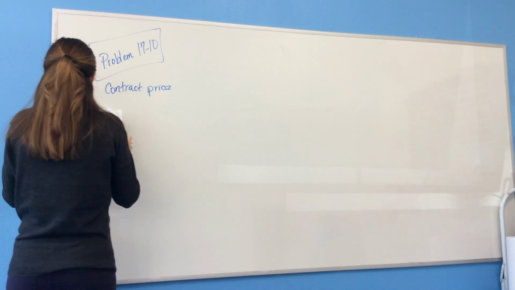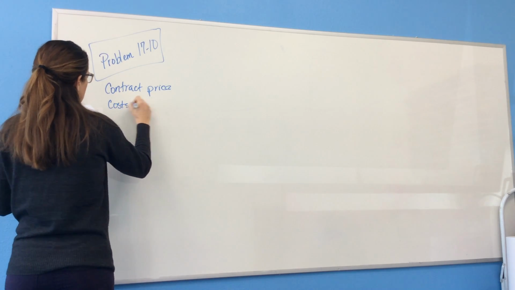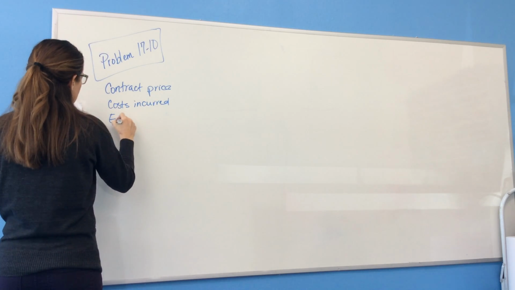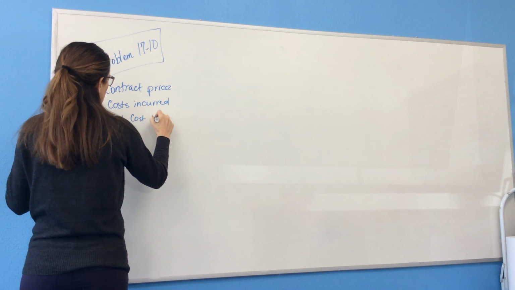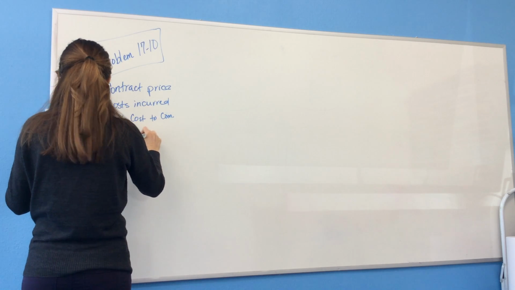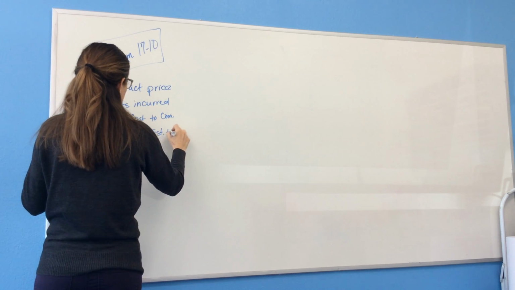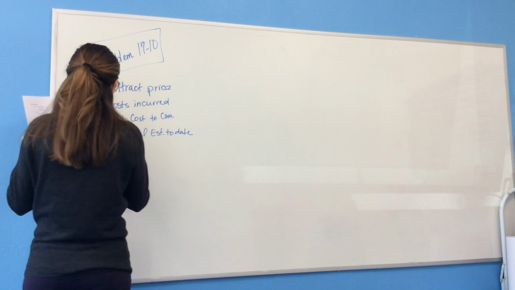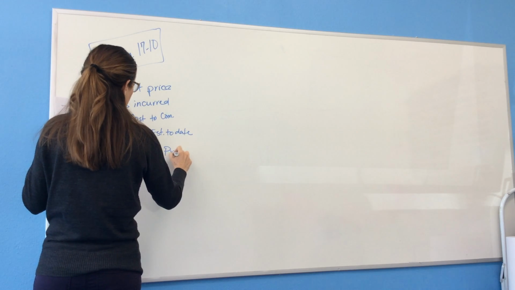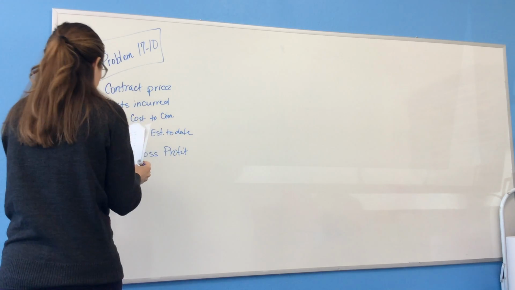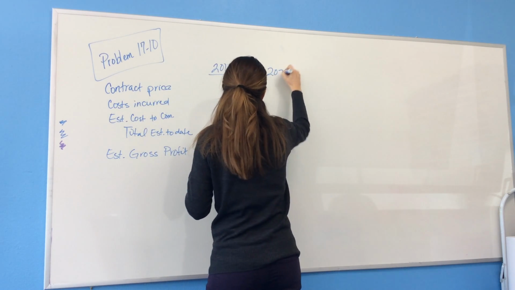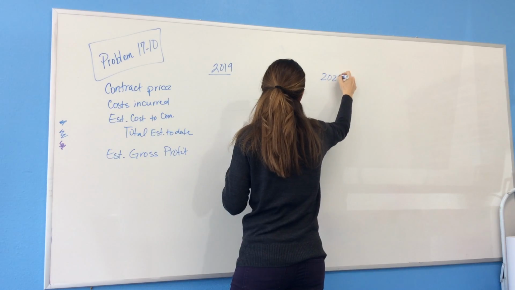Then we're going to have costs incurred, the cost incurred to date, the estimated cost to complete, and the total estimate to date. Then we'll get our estimated gross profit, and we will need to use that for some other calculations in a little bit. So we've got 2019, 2020, and 2021.